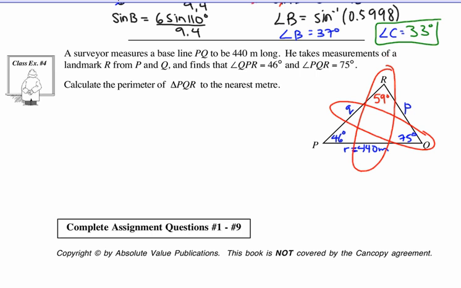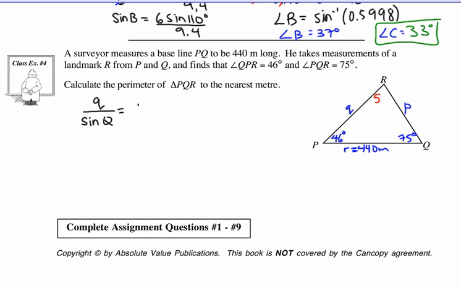Side q. So that's the first one we're going to use. So q over sine Q is equal to r over sine R. Because we're looking for a side, we're going to put the side on top, in the numerator. So q over sine Q equals r over sine R. Sorry, my angle just got cut off, it's 59 degrees here.